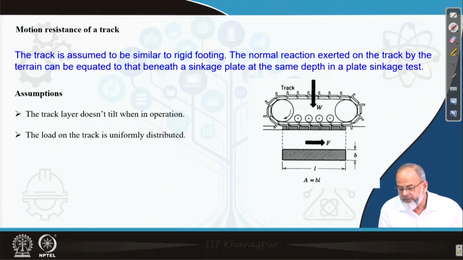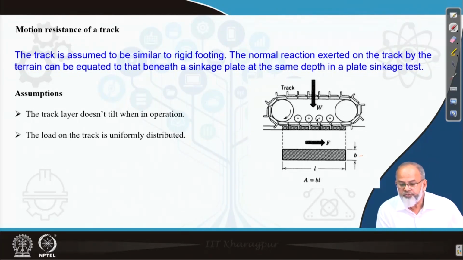In the cross section I have given width as B and length as L, and it will be carrying certain amount of weight W. And there will be rollers to give tension to this track, so that during engagement with the soil, that means during shearing action which the track is going to create during operation, the belt has to be in tension or the track has to be in tension. That's why you have provided these rollers.